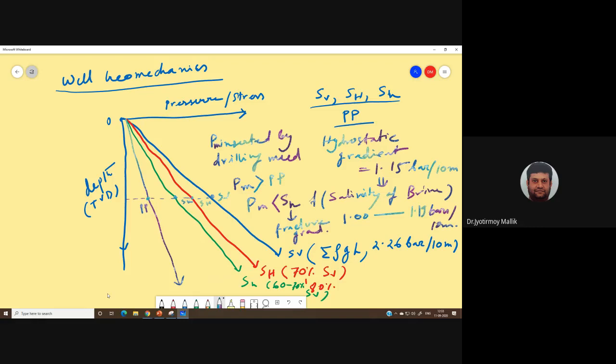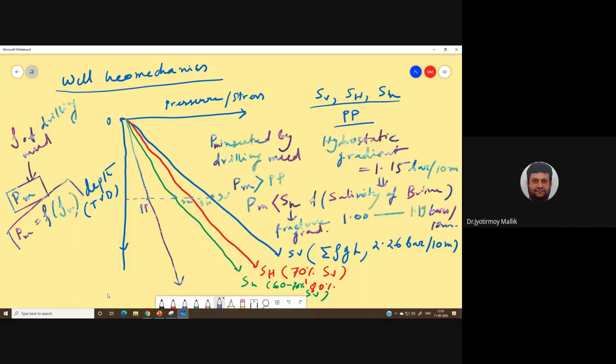So at any depth, we also decide about the density of the drilling mud. The density of the drilling mud will determine the pressure exerted by the drilling fluid. Okay? So PM is also a function of the rho of the drilling mud, right?